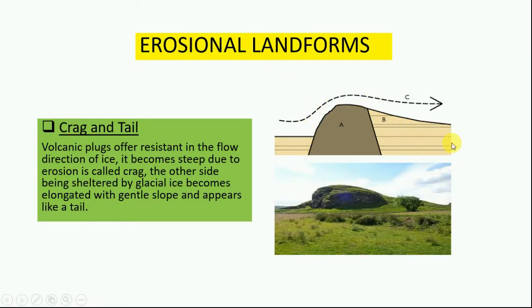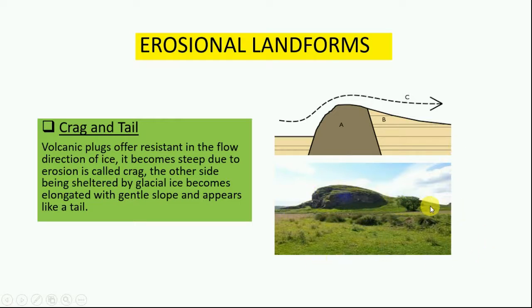This happens when a volcanic plug offers resistance in the flow direction of ice. This is a hard rock in the flow direction of ice. If ice flows from this side, this kind of formation happens. The other side, being sheltered by the glacial ice, becomes elongated with a gentle slope and appears like a tail. As you can see in the picture, this is a real-life crag and tail picture.